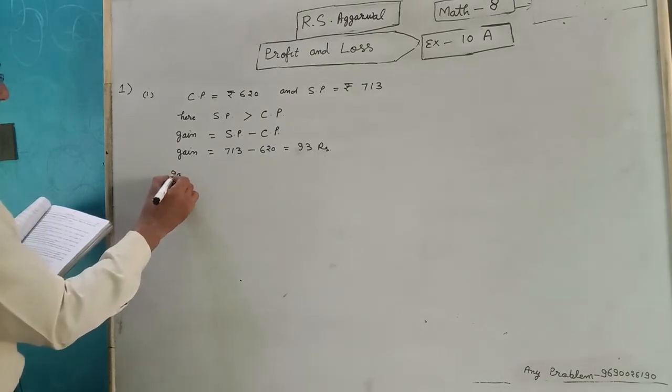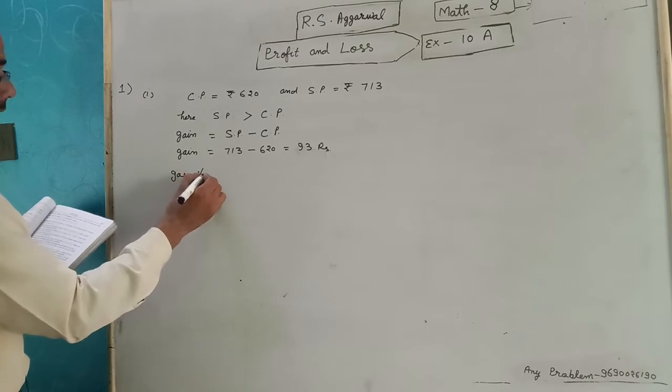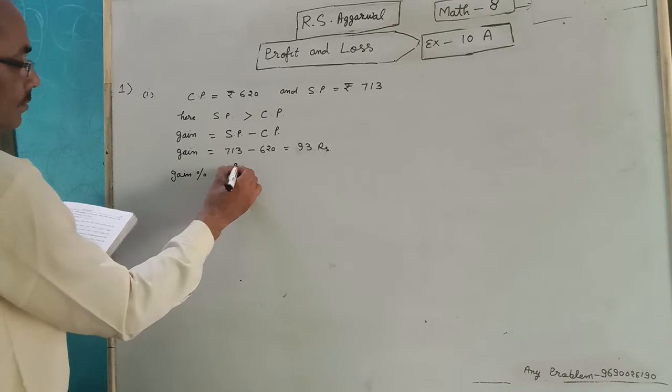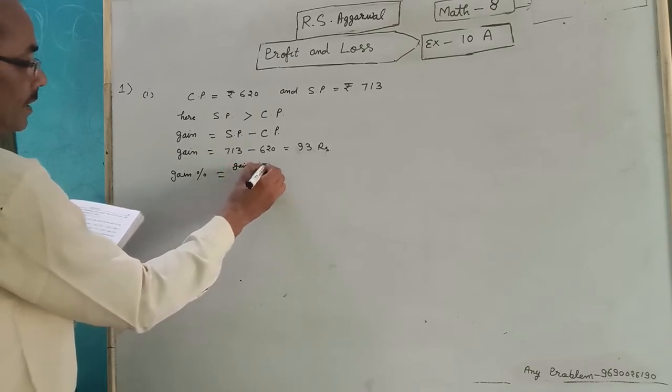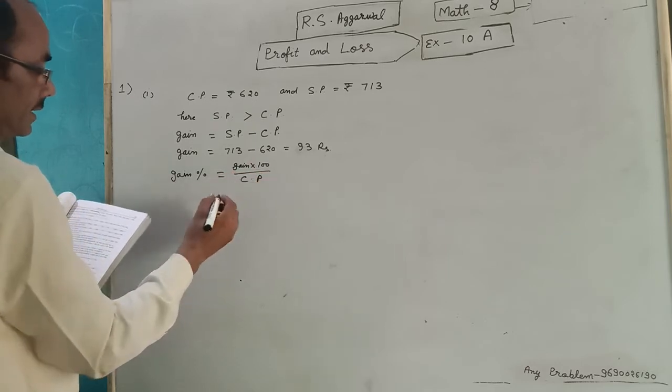Gain percent, to find gain percent, gain into 100 upon CP. That is the formula.